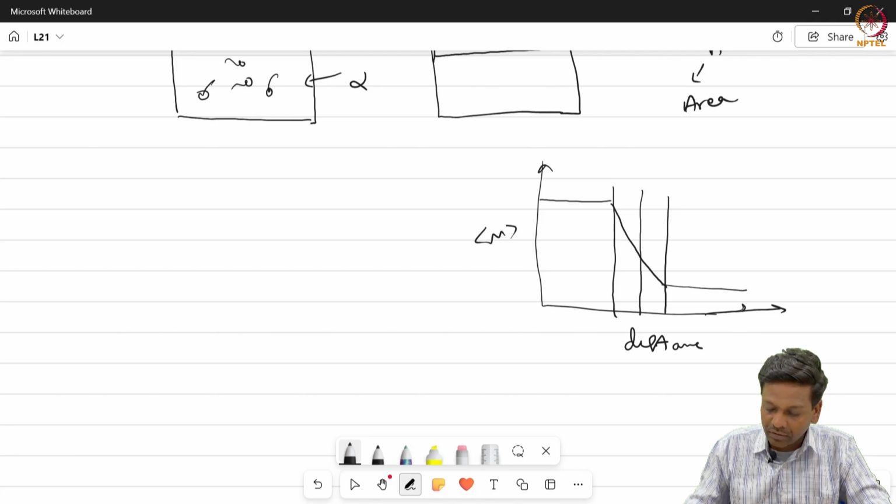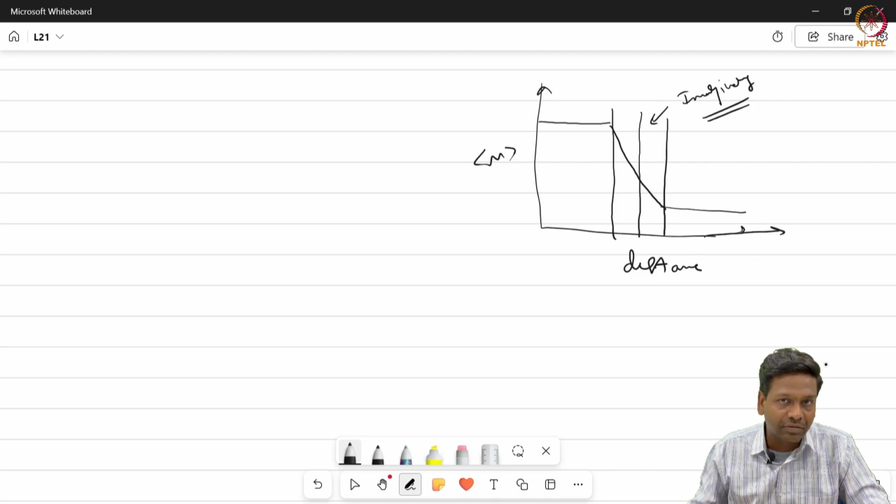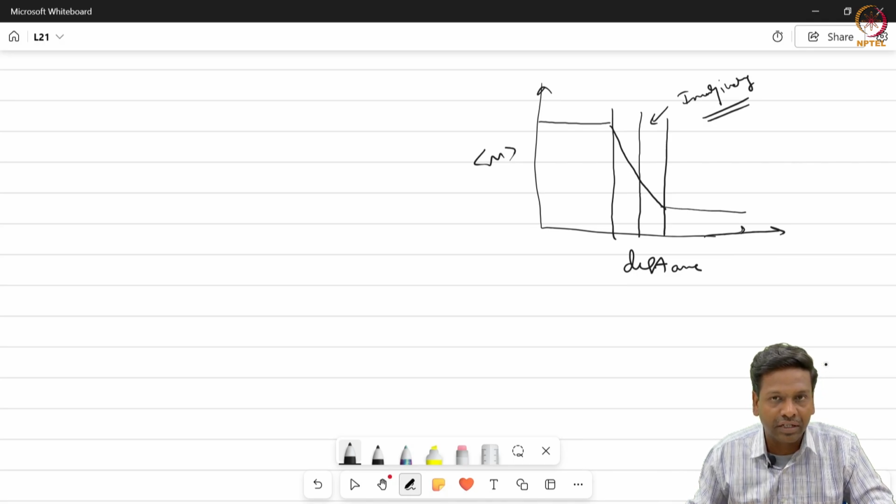Gibbs dividing plane, as defined by Gibbs. In this case, by identifying the midpoint, you can create the imaginary interface. We do not know exactly where the interface lies, because there is a fluctuation as it approaches the interface.